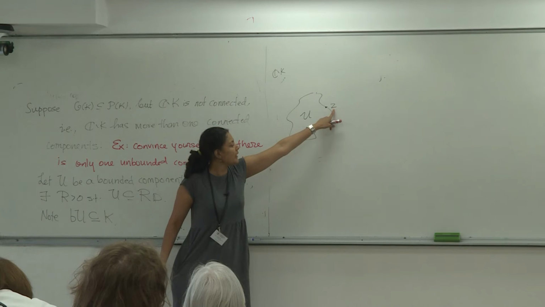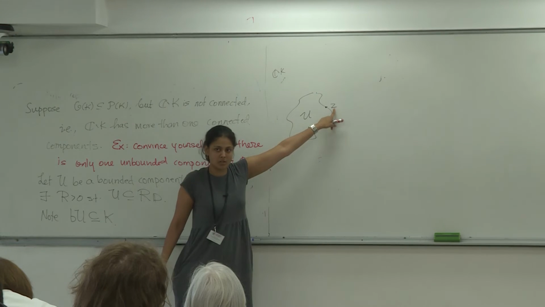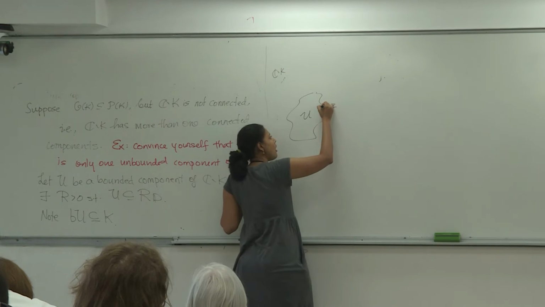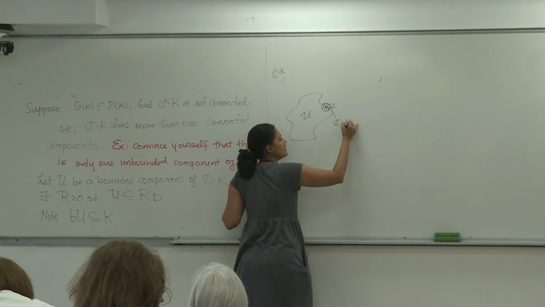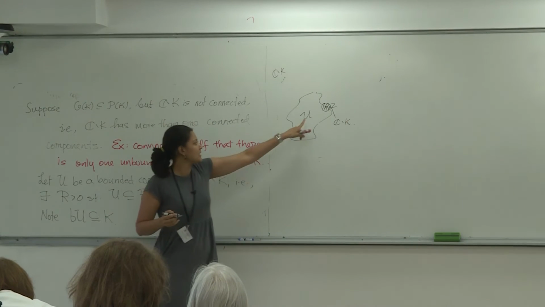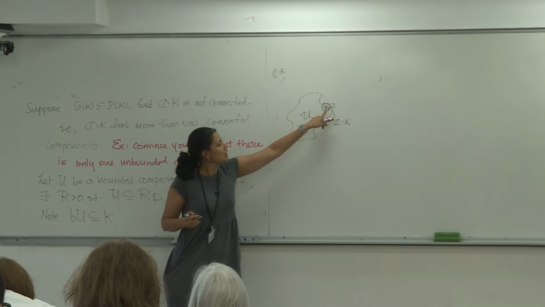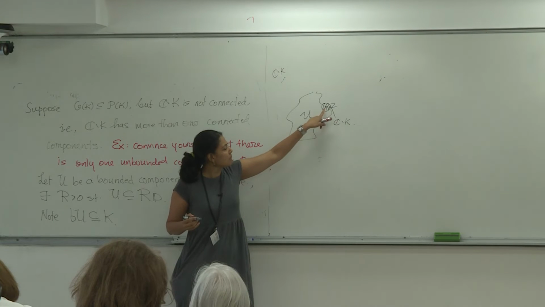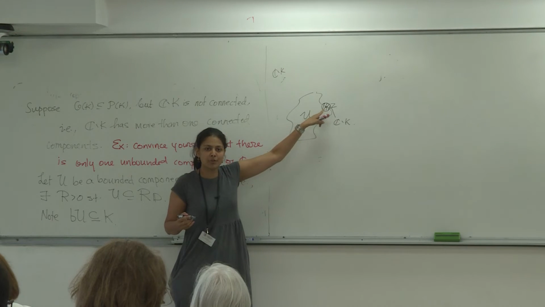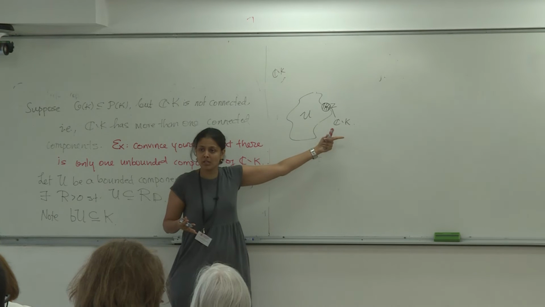Therefore, this point is in the complement of K, which is an open set. So there is a small ball around it, which is completely inside C minus K. It's a connected ball, so it has to be in one of the connected components of C minus K. But being a limit point of U, it contains elements of U, so it has to be in U.